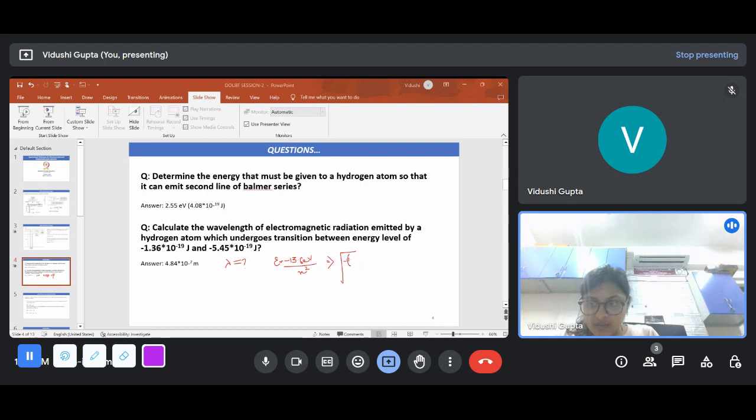So by substituting the value, one upon 4 square minus 1 by 2 square.